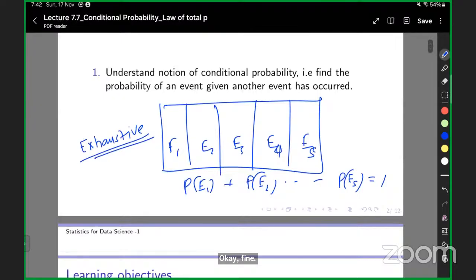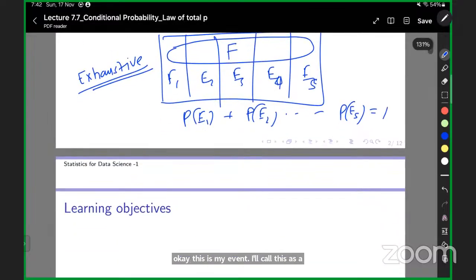Let's say there's some event that happened, another event like this, which I'll call F. The good part is we did it earlier when we checked this.